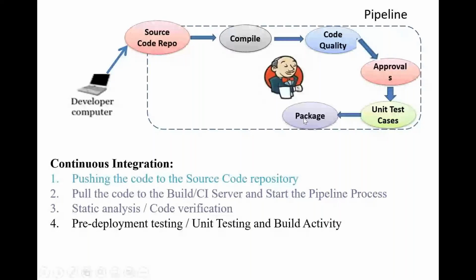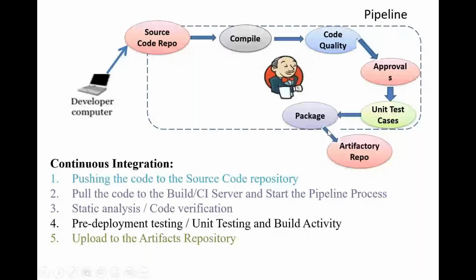Yes, we go for creating the packaging of the application, and these packaged applications have to be stored somewhere, right? All these packages. From that point of view we use another repository, that is the artifact repository. So here the source code we are storing, and the source code will be compiled, code quality verified, and unit test cases evaluated, and then it will be packaged as a JAR file or .exe file or .msi file on the basis of the application type.